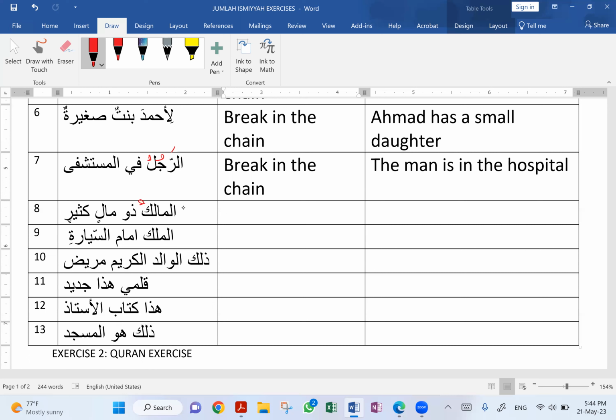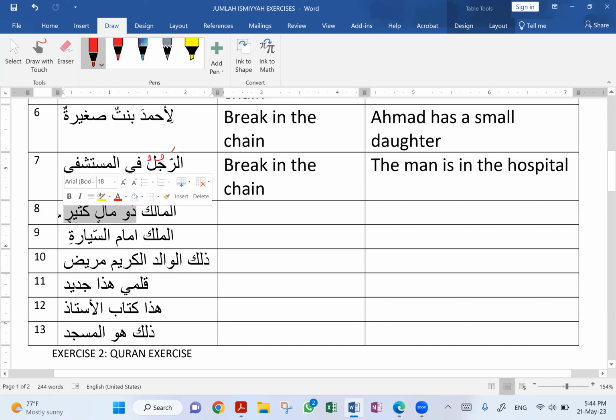Yes. So when you look at this, do you see that this chain just continues? All this goes into one bucket, and it's not related to Al-Malik. So what does that tell you? There's an "is" after Al-Malik. Exactly. But when you look at mal, is that proper or common?